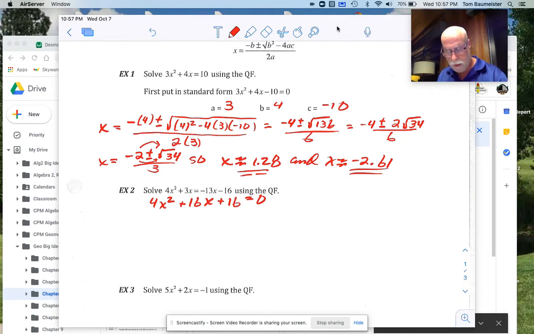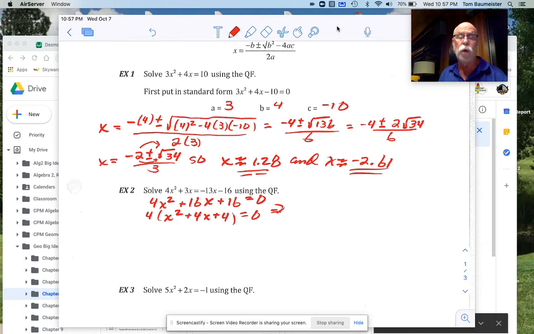All right, so if we look at this, we know that we can factor out a 4. What I'll be left with is x squared plus 4x plus 4 is equal to 0. Now remember, I can divide both sides by 4.